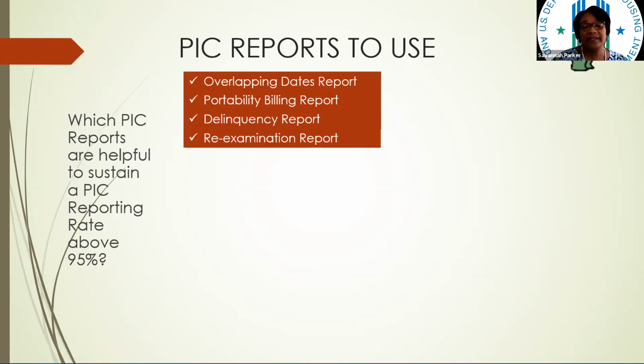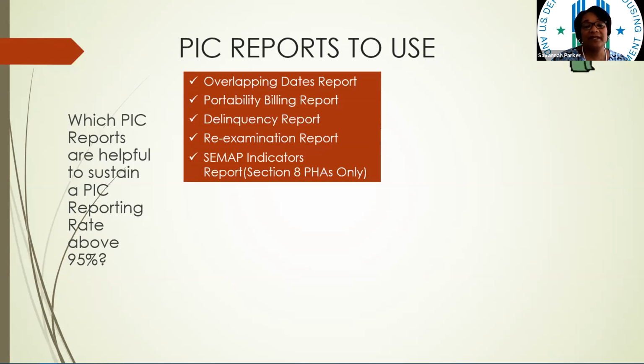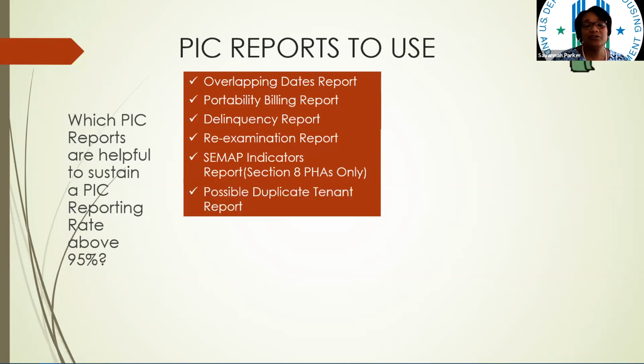The delinquency and the reexamination are probably the biggies. The CMAP indicators, which is for our Section 8 only PHAs. The possible duplicate tenant report. The invalid tenant ID report. This can save you a lot of grief if you monitor this report. This is where a lot of the Social Security number issues come in.